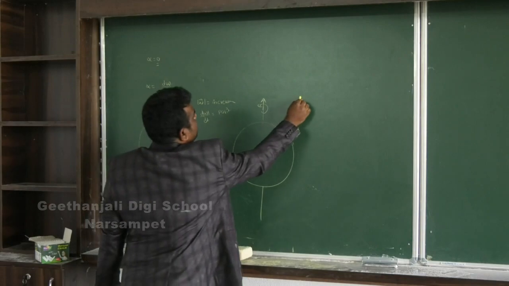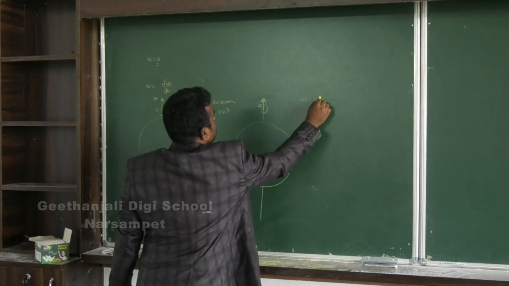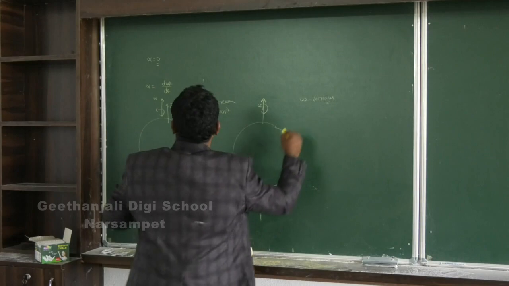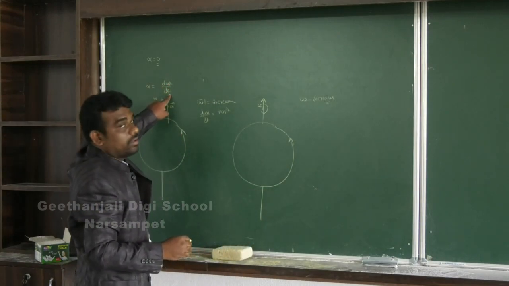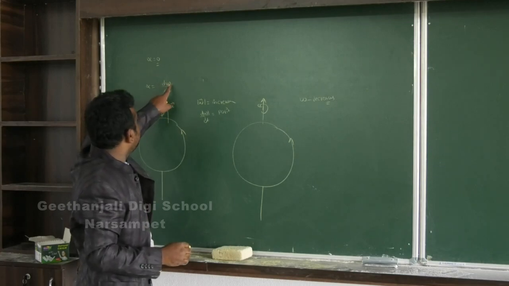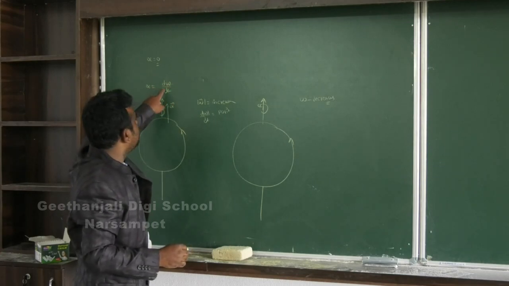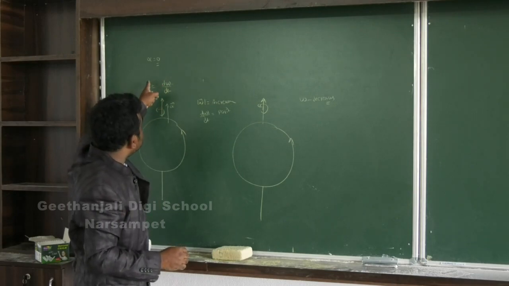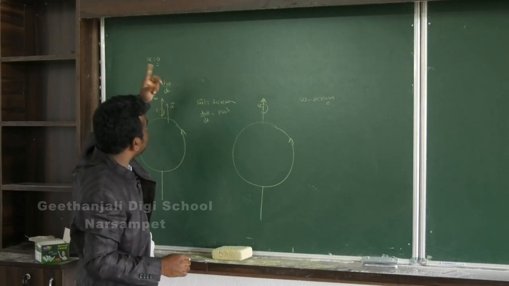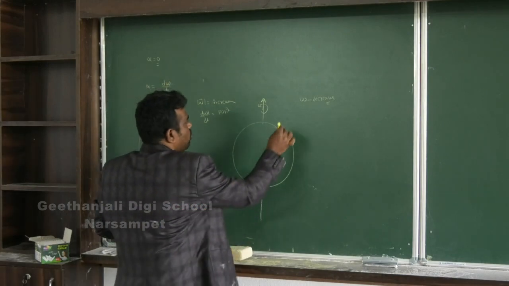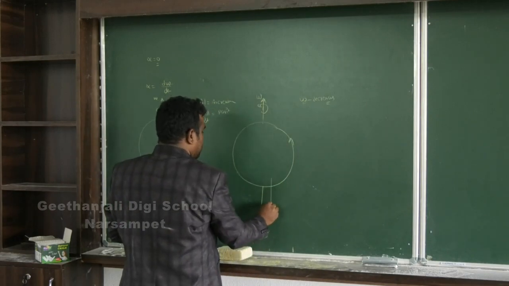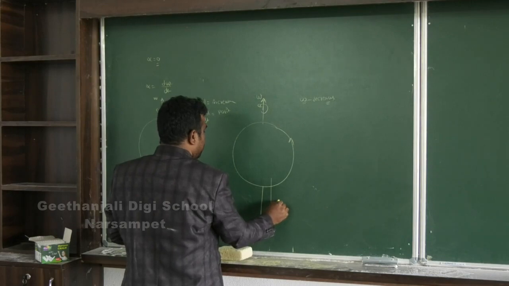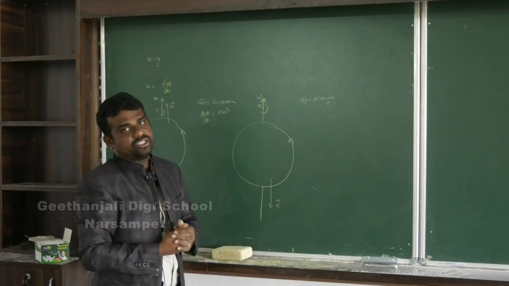So if omega decreases, then d omega by dt will become negative, which means alpha is negative, and the direction of alpha is anti-parallel to the direction of omega.